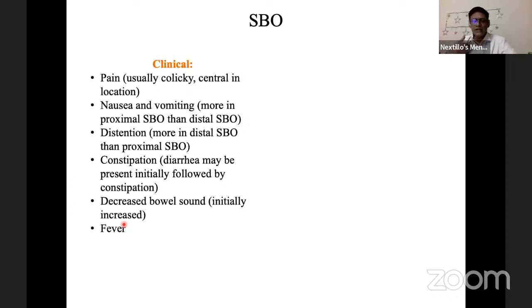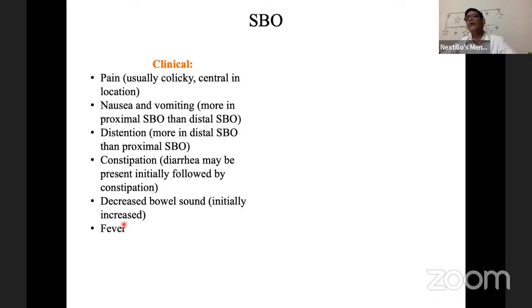And if this keeps on going for a very long time, ultimately septic shock may also precipitate. Therefore, this is a very dangerous complication. As the time passes on, dangerous complications keep on developing, especially sepsis along with septic shock and hypovolemic shock.